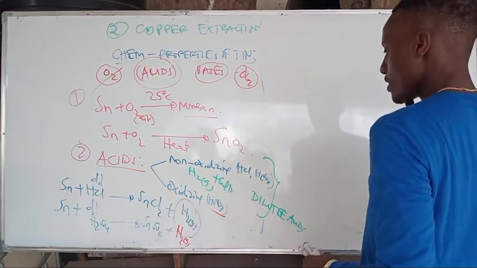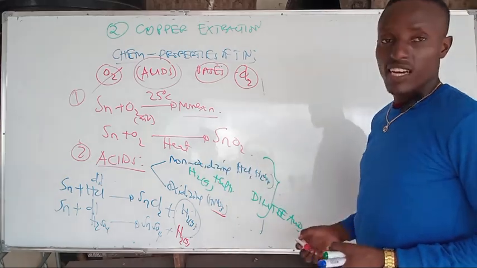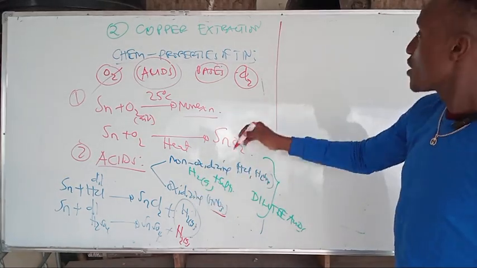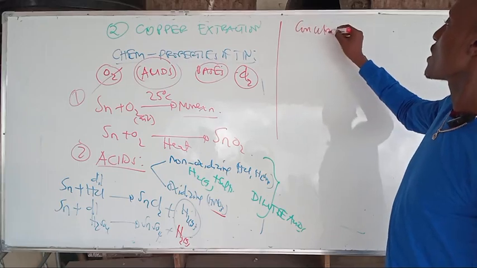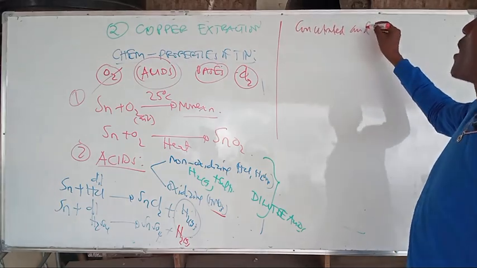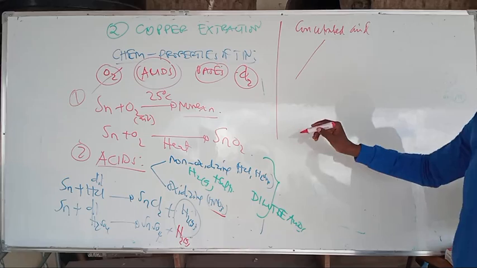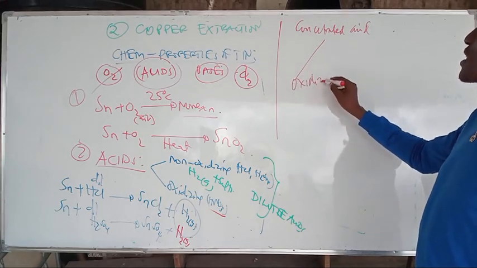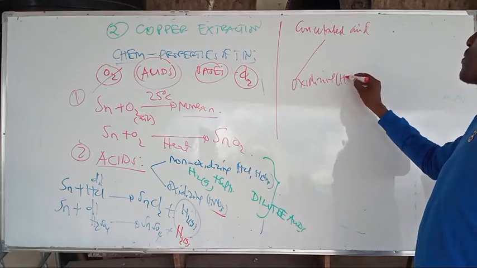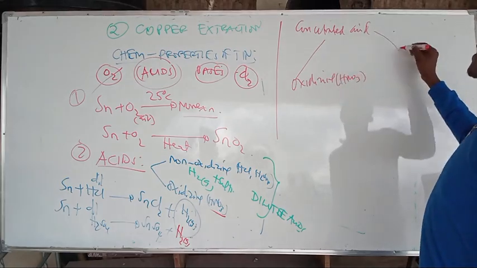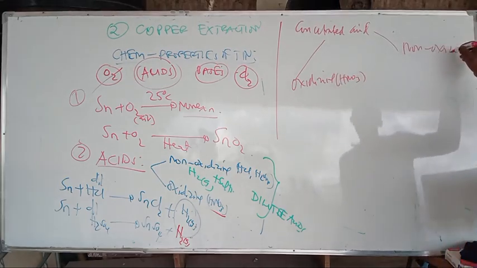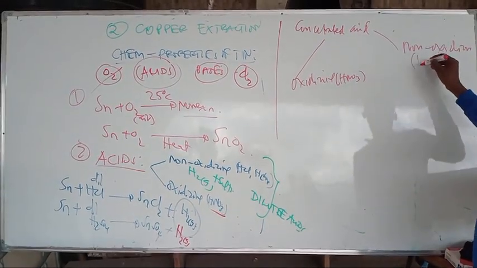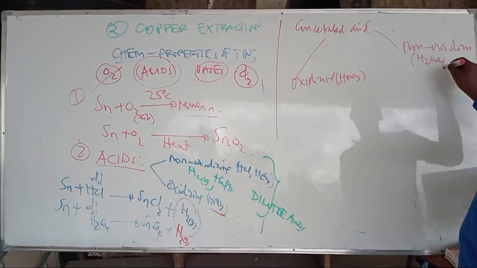Okay. Let's speak about the reaction in acids. If we have the concentrated acids, it can be oxidizing, for example nitric, or non-oxidizing, for example sulfuric acid.